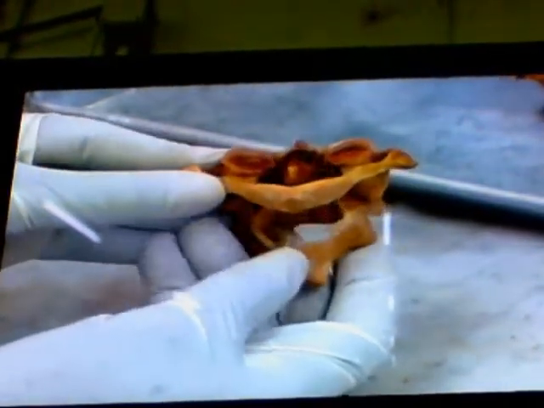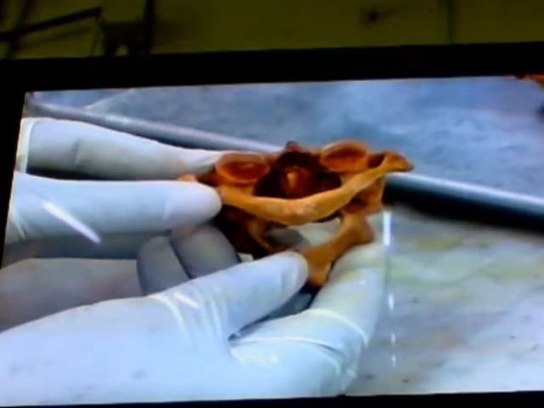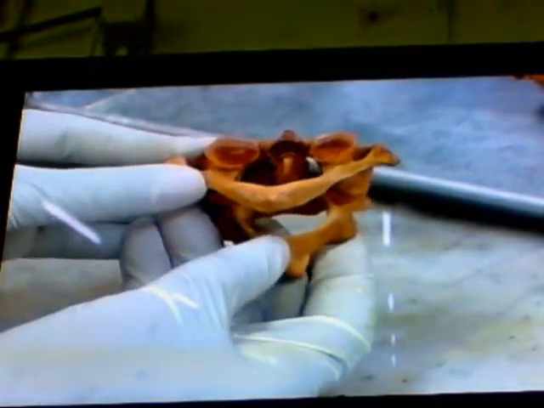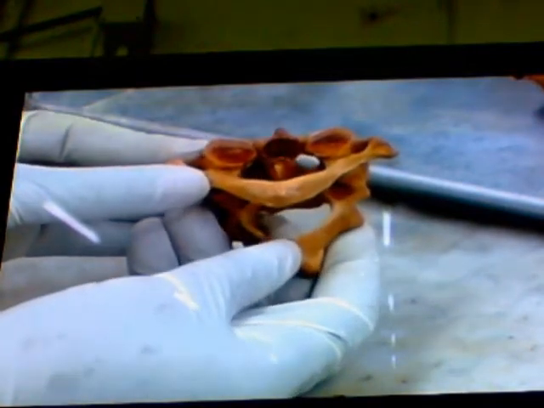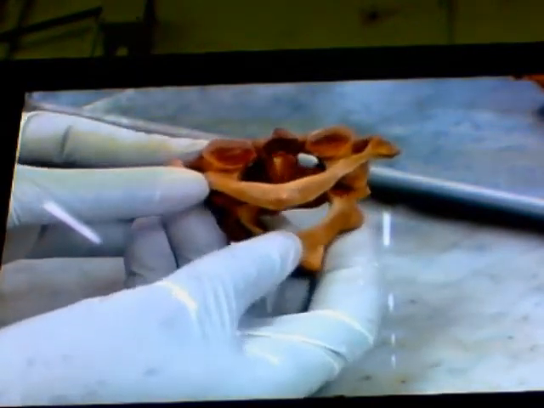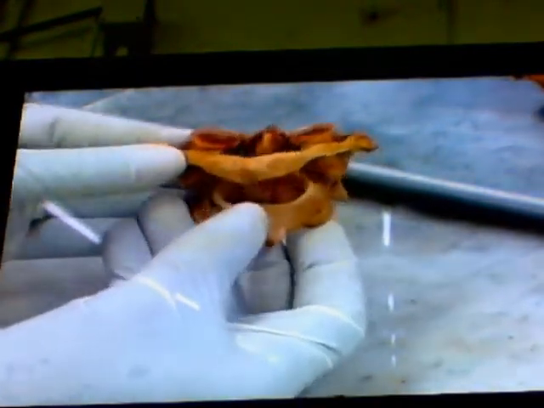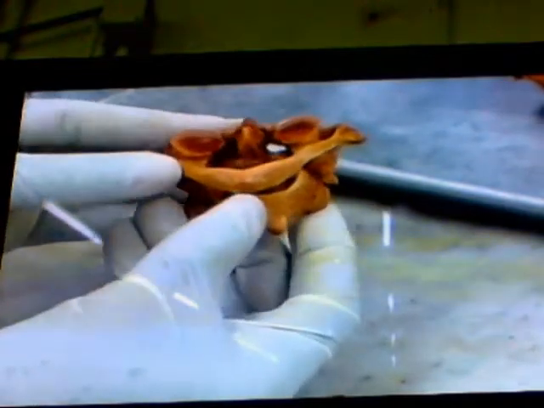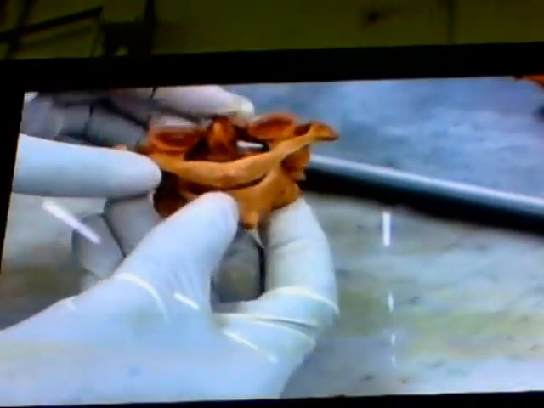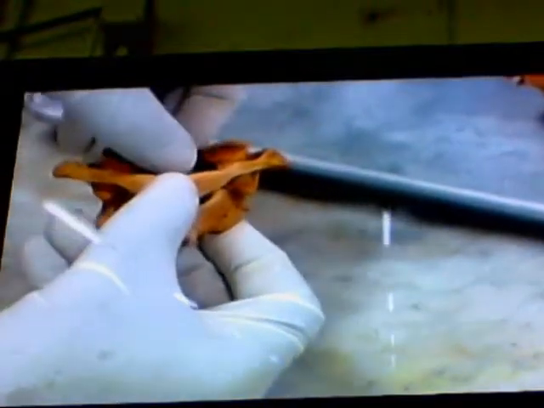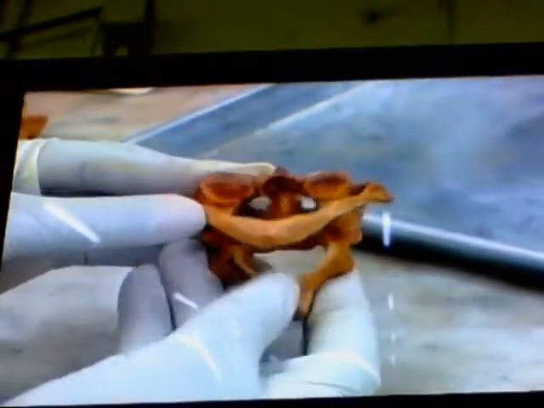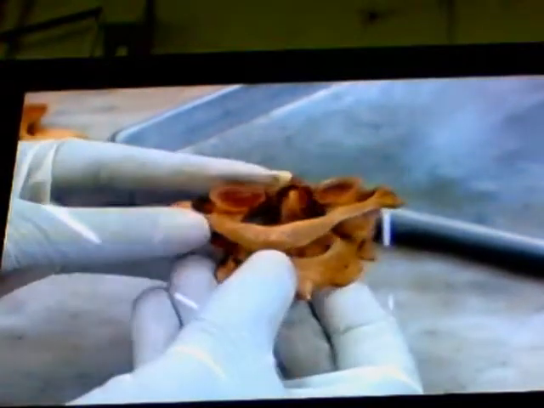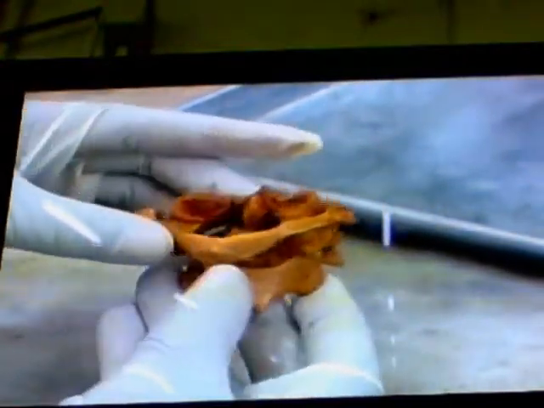When it does that, it would go into the spinal cord. You get it? So there will be compression. You will also have the tendency to rupture the annular ligament, which is holding the peg in place.